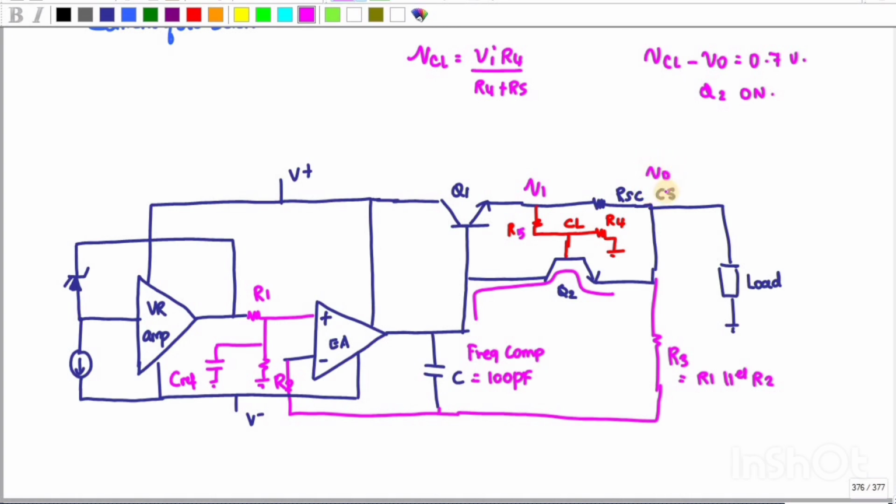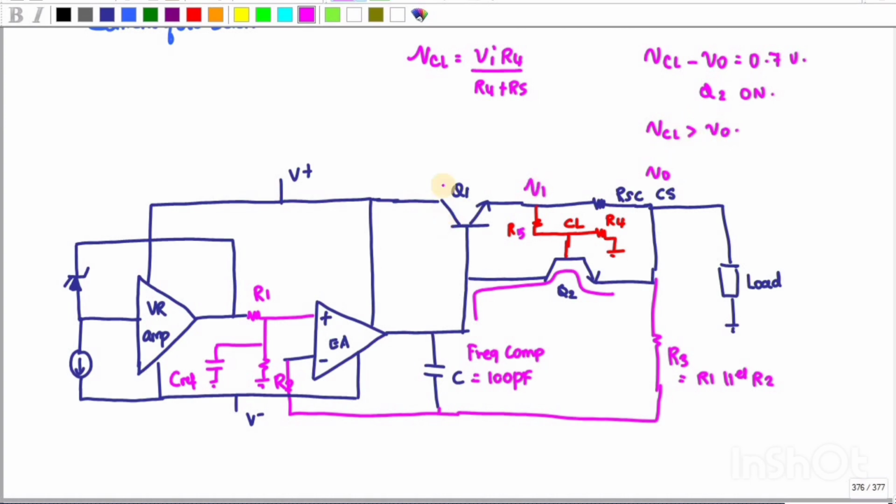So if V0 tends to reduce, Q2 stays on, since VCL is greater than V0.